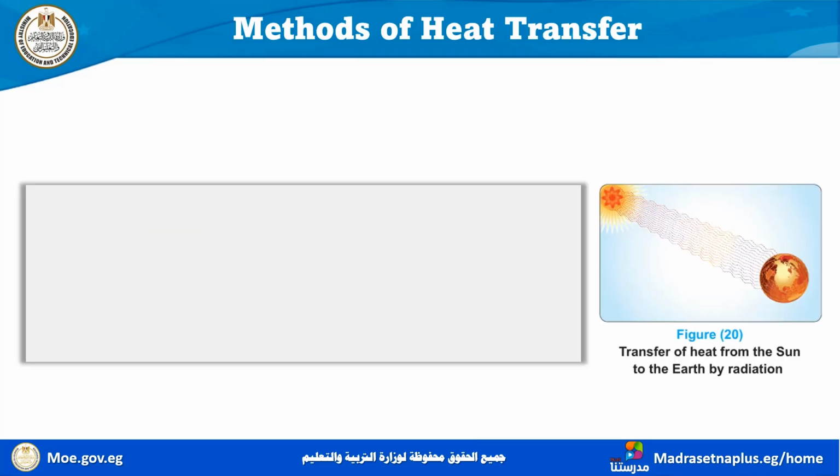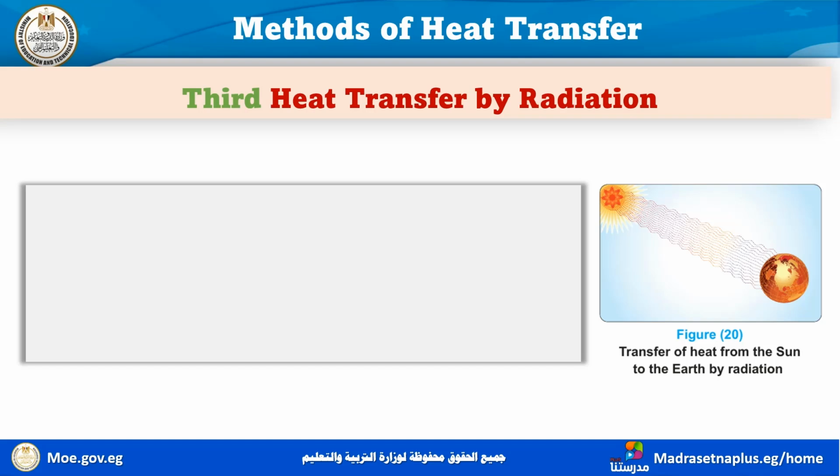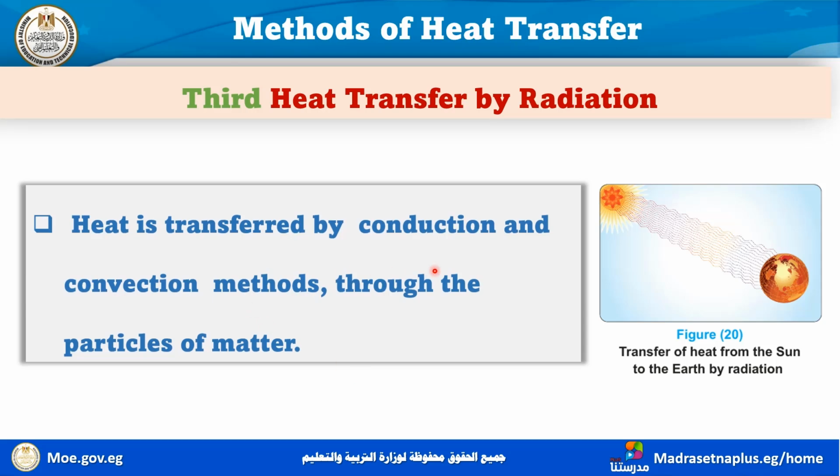Now let's study together the third method of heat transfer. The third method of heat transfer is heat transfer by radiation. Heat is transferred by conduction and convection through the particles of matter. We have studied heat transfer by conduction and convection.